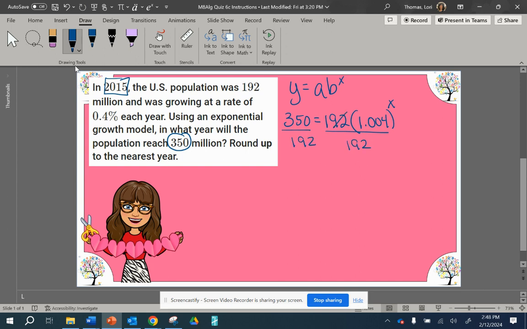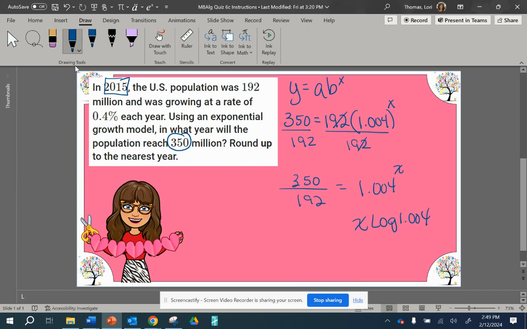192. So we have 350 divided by 192. That's the total divided by the initial amount. And we have 1.004 raised to the x. Now the inverse, or how we can get this x out of the exponent, is we bring the x out, x times the log of 1.004.